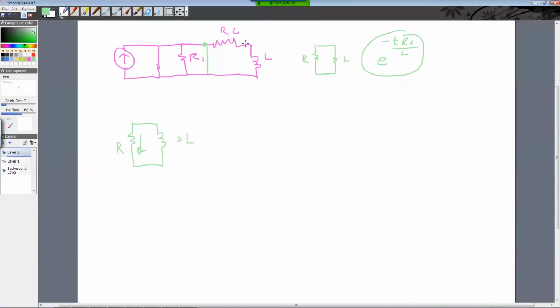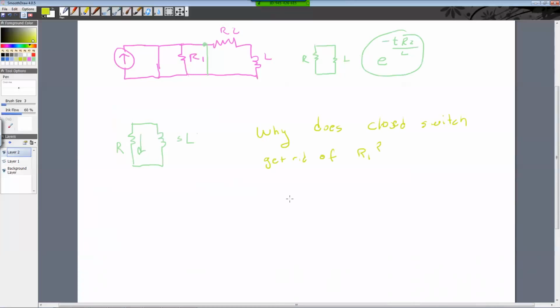Okay. So, why does the closed switch get rid of R1? Yeah, that's a fair way to put it.